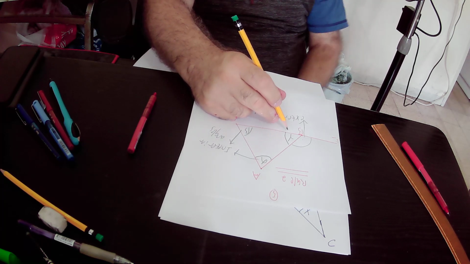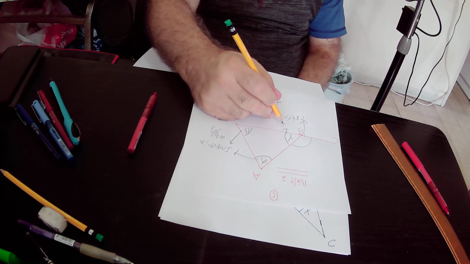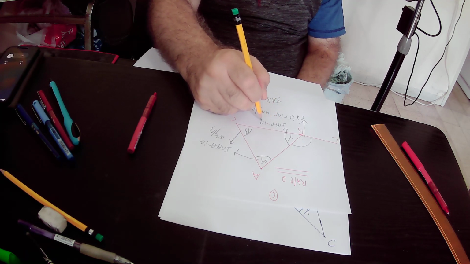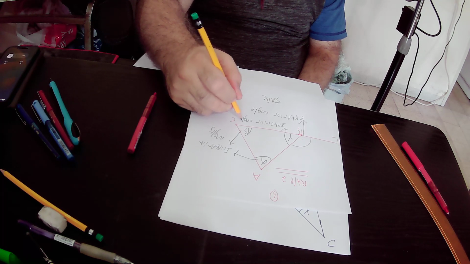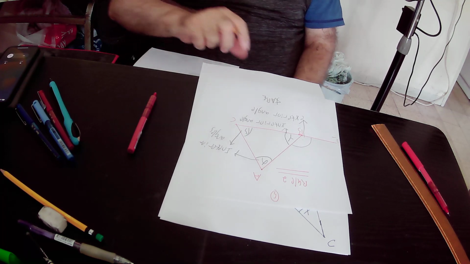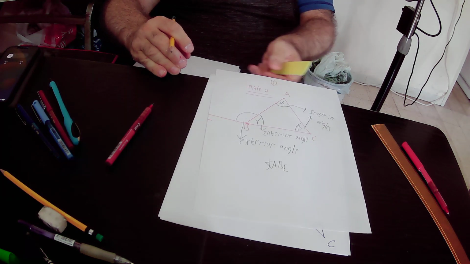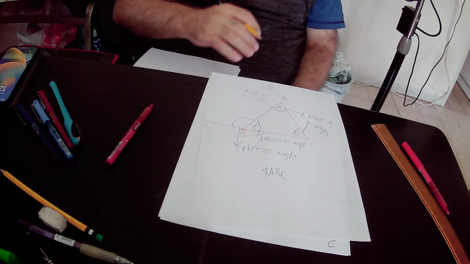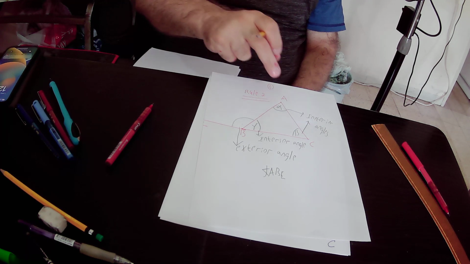Actually, triangle ABC has 3 interior angles.